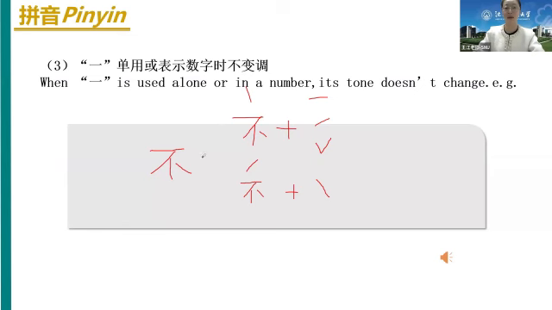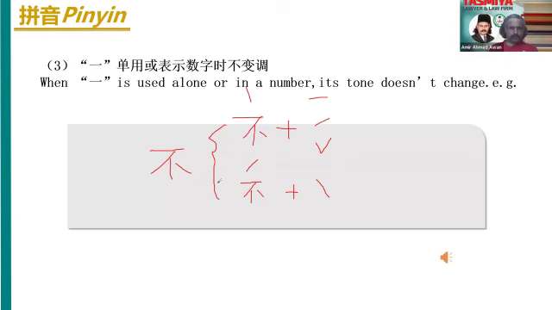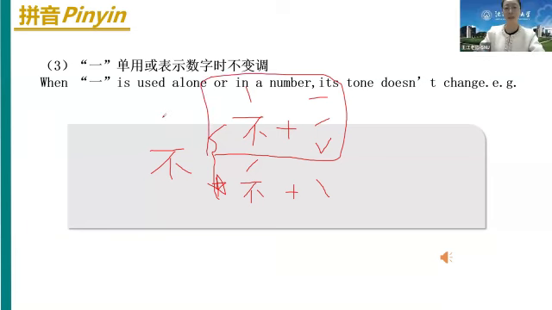Okay, so that's the tone Sandhi of 不. It has two tones, and you just need to memorize this, right? When this Chinese character is followed by another fourth tone, the tone should turn to the second tone. Otherwise, we should just read its original tone.